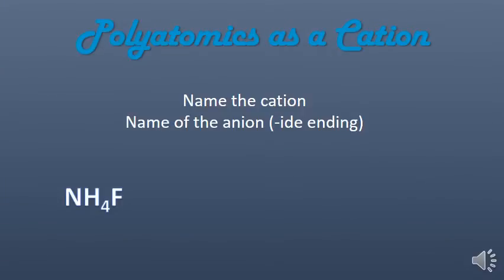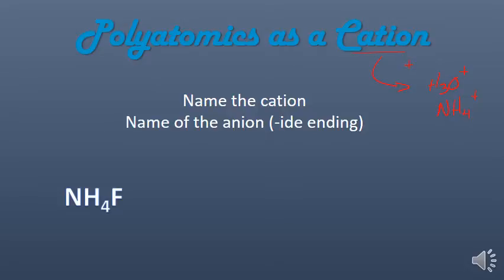To name a formula using a polyatomic, there's only 2 polyatomics that are cations. Remember, cations have what charge? Positive. And there's only 2 on your list, and that is hydronium and ammonium. These are your only polyatomic cations. Everybody else is an anion.